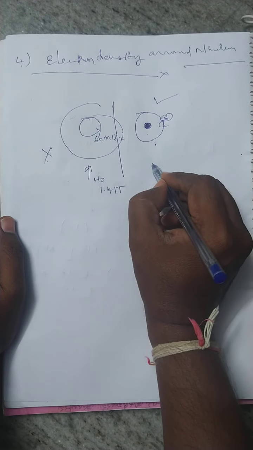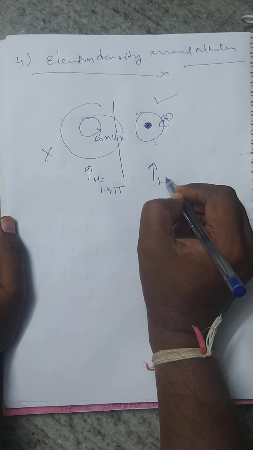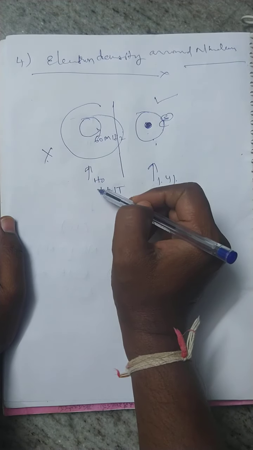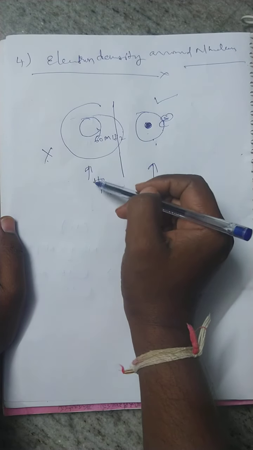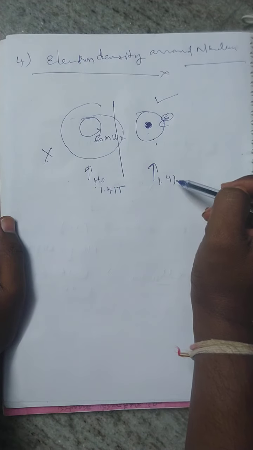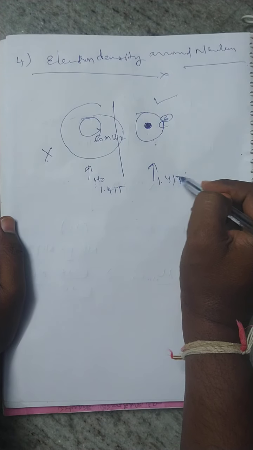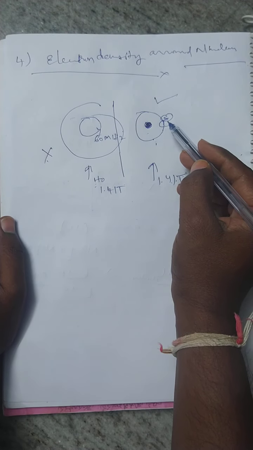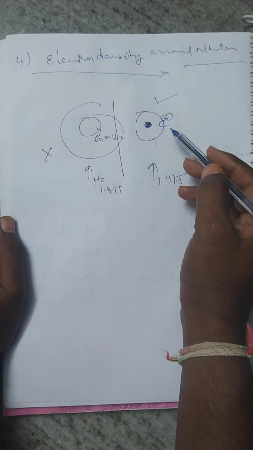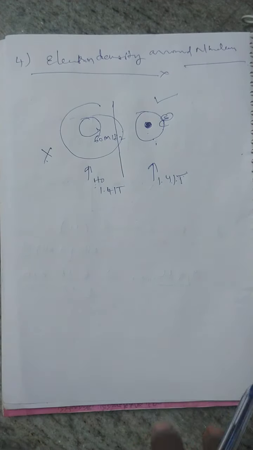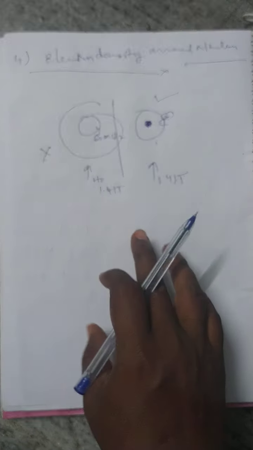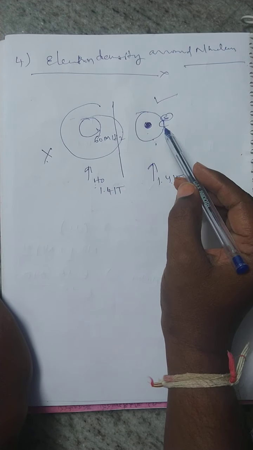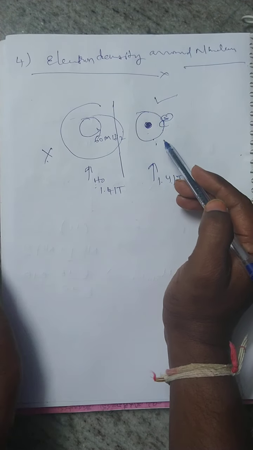In the case of a bare nucleus, only the nucleus experiences the total external magnetic field. Here, when you apply this field on the nucleus, these electrons are spinning, and electrons are also charged species, right, according to electromagnetic rules.